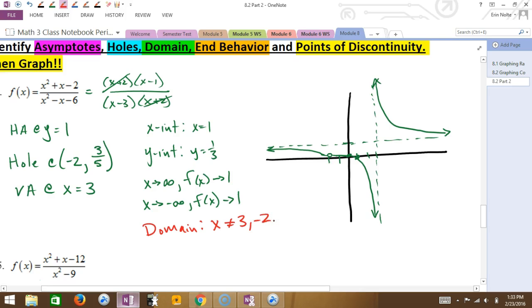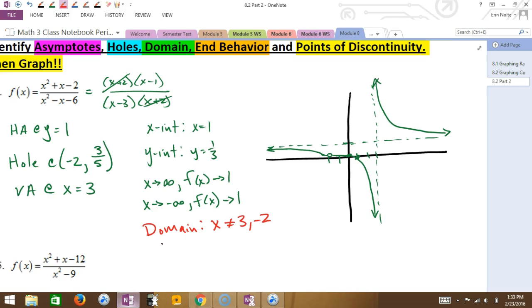And the points of discontinuity, have you heard that term before? Continuity? Okay, so a function that is continuous is a function that I can draw without lifting up my pencil. So that means there's no holes in it, there's no breaks, there's no jumps. This one has 2 points of discontinuity.